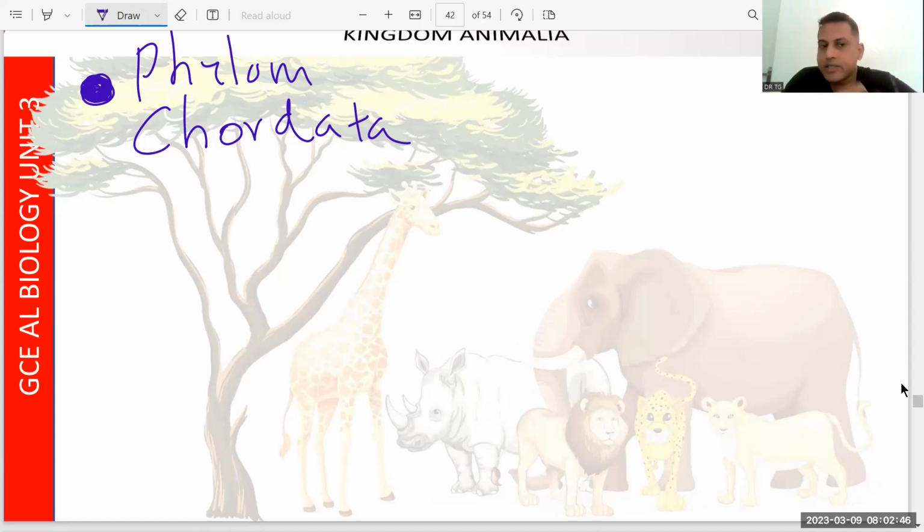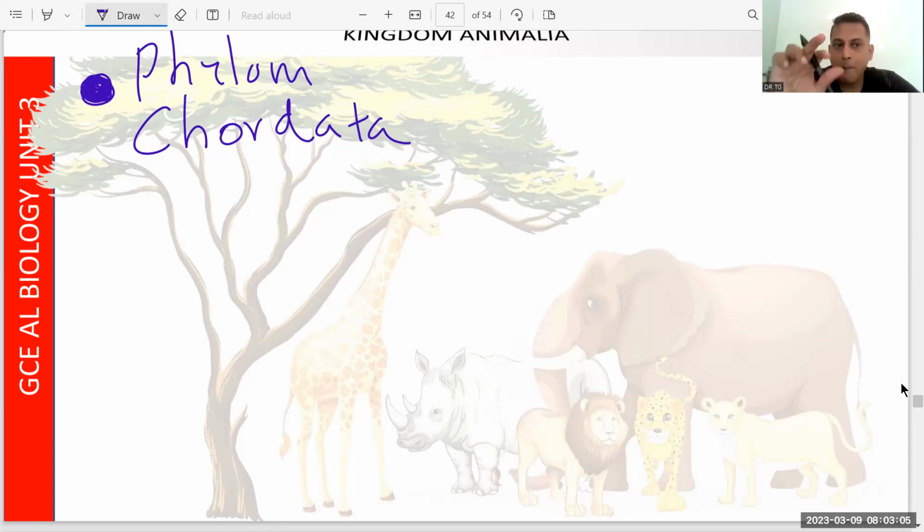These characteristics we can find in embryonic development.